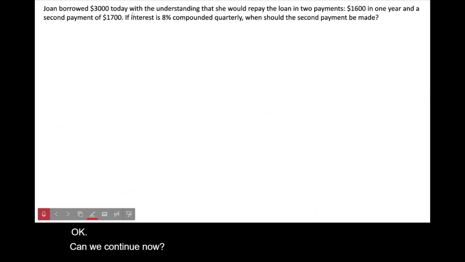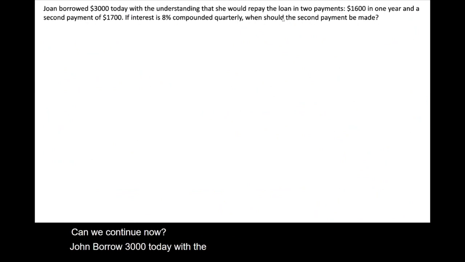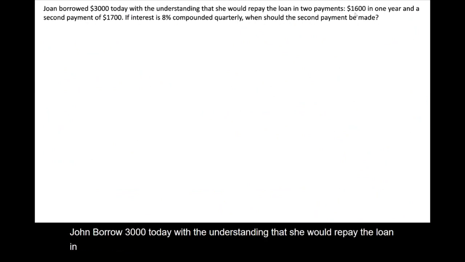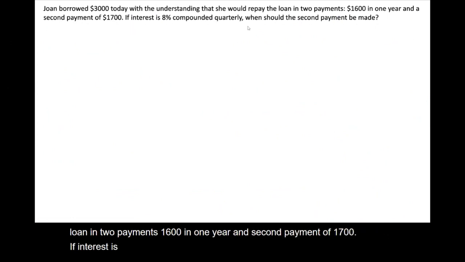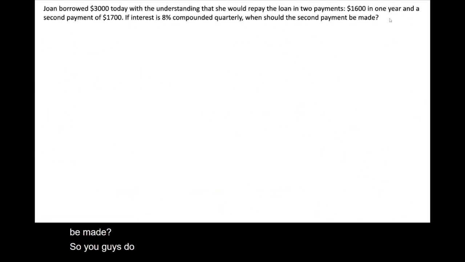Joanne borrowed 3,000 today with the understanding that she would repay the loan in two payments: 1,600 in 1 year and a second payment of 1,700. If interest is 8% compounded quarterly, when would the second payment be made?